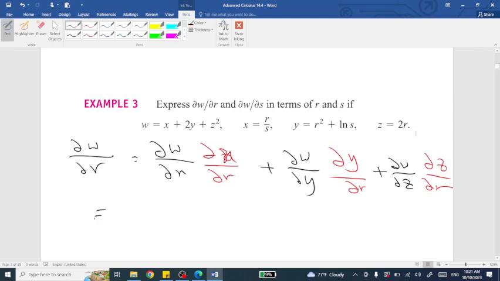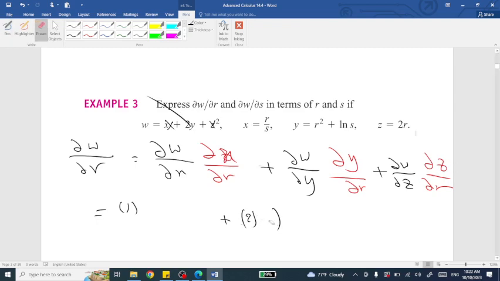So partial W by partial X equals 0, 0, 1. Am I right? Plus partial W by partial Y, I'll get what? 0, 0, 2. You are right.